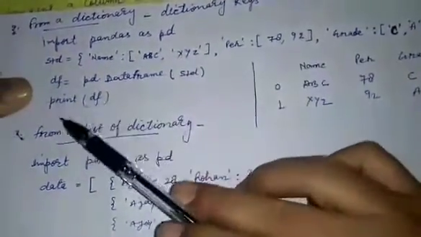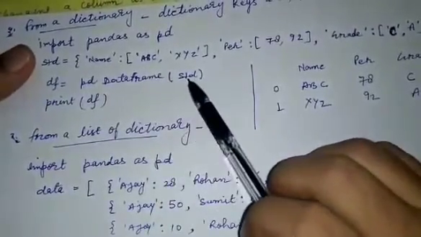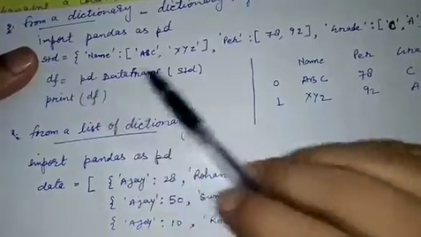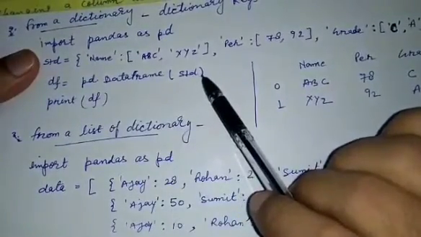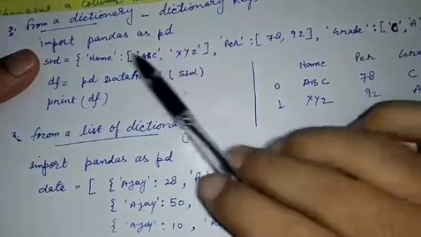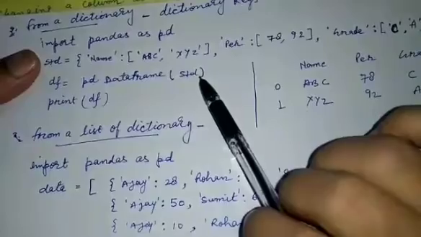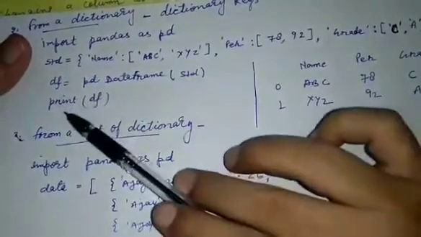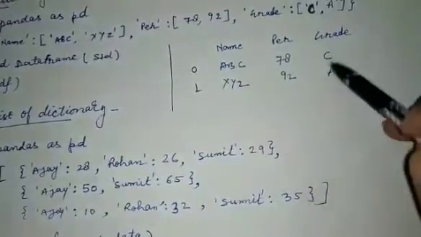Now df is equal to pd.DataFrame(std). std means this dictionary. We have passed this dictionary to the data frame and we have not defined the columns because each key of the dictionary will automatically be treated as the heading of a column. Now print this df, you will get the output like this.